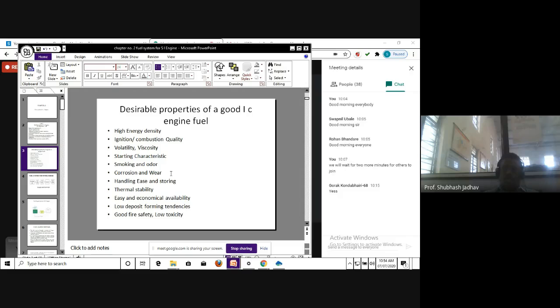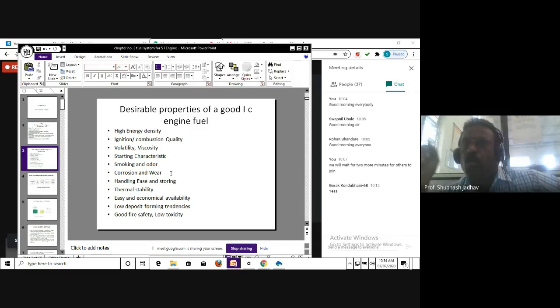So the compatibility of the fuel with the fuel system parts depends on the corrosive nature of the fuel. If it is highly corrosive, then we have to use special materials, the fuel system will become complicated, it will become costly, and so on. Similarly, the wear.